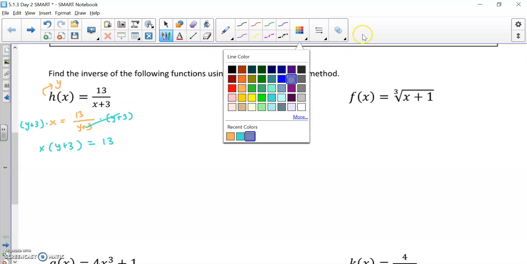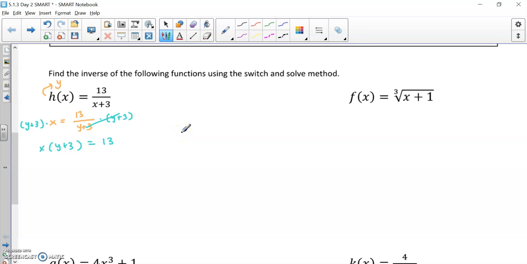At this point, we need to make more moves to get y by itself, and it's kind of trapped in these parentheses with this 3 right now. But what we can do is get rid of this x. Right now it's being multiplied by the y plus 3, so we can divide both sides by x. That'll cancel the x's on this side, and we'd be left with just y plus 3.